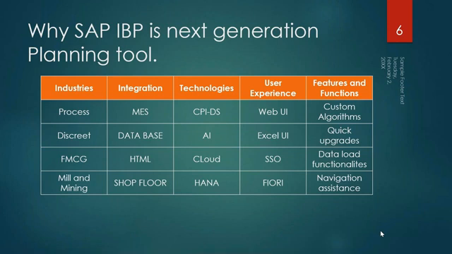And then we have AI, as I was mentioning, which is a cloud by itself, and also HANA. These are the different technologies by which it is able to make the integration possible. So we can connect this SAP IBP system. We speak about HTML screens. Yes, it is possible. If you want to connect it to the shop floor with different MES systems, or we speak about on-premise cloud systems, it is possible.